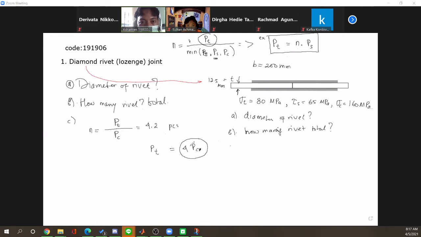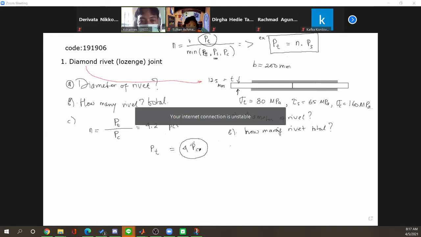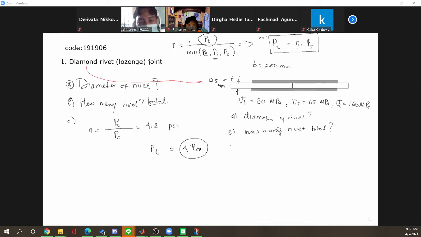The failure will be in crushing mode, where the rivet is crushed or deformed because of the bearing load or crushing load.